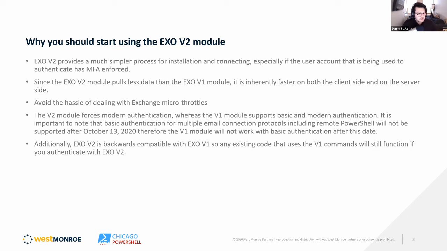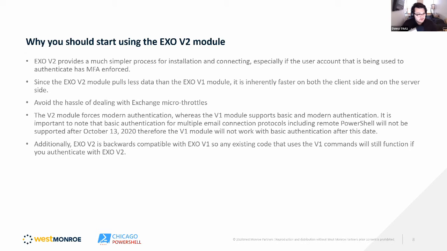Probably the biggest thing is obviously what we talked about: micro-throttles. Using the V2 module will make your commands or your script much less likely to run into any micro-throttles, which can be a huge pain to deal with, especially when you're running large scripts and you need to get something done. And then, as I said before, the V2 module forces modern authentication.